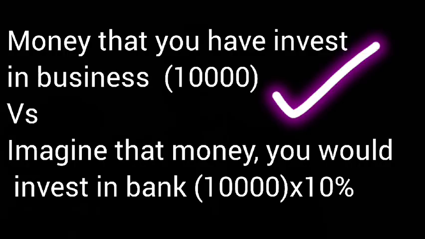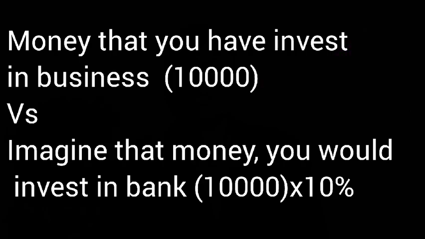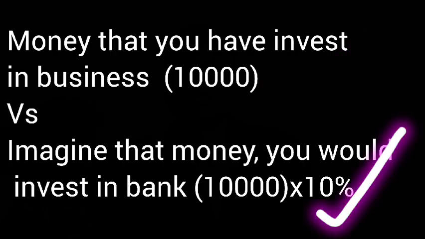Instead of sending money to the bank, you have decided to invest that money in a business. So in a business, there is explicit cost. If you are making a comparison between the money that you have invested in a business and the money that you would have invested in a bank, then you will get a certain amount. So profit always is total revenue minus total cost, I mean explicit cost.